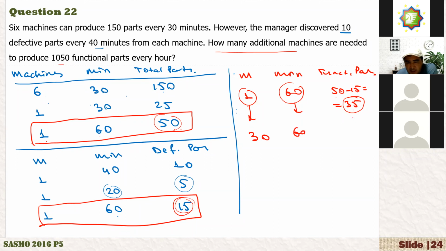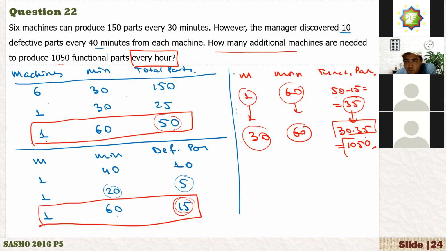It's 60 minutes, and 30 times 35 equals 1050. So in 1 hour, if we have 30 machines, 30 times 35, they can produce 1050 functional parts.